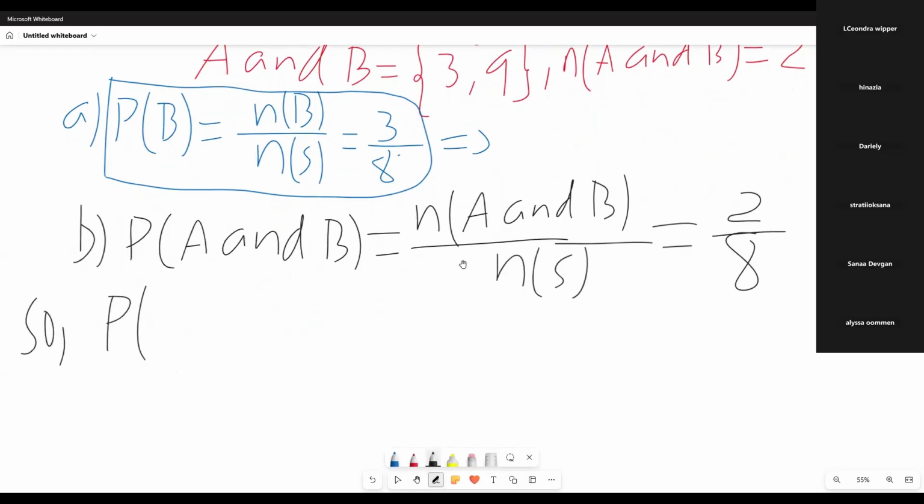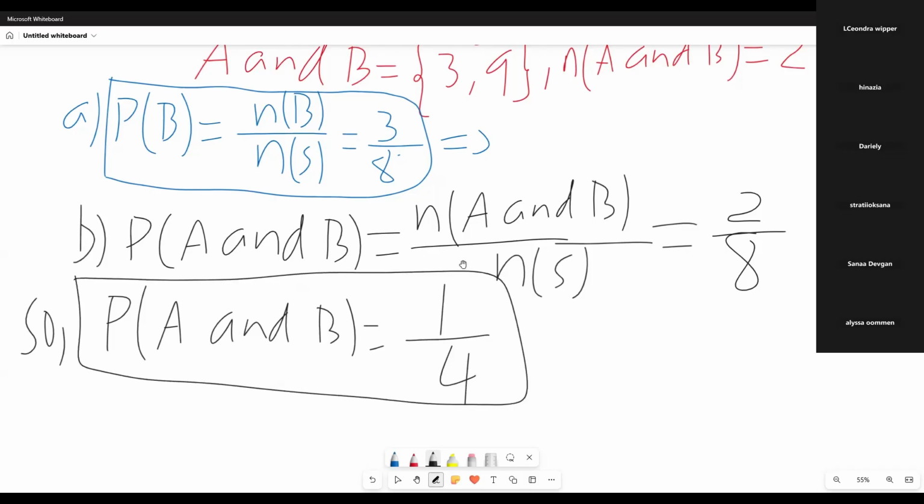So P of A and B equals 1 over 4. Got it? Is this clear? Yes.